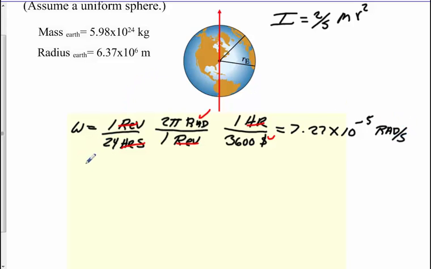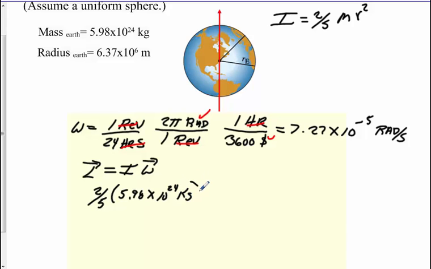I will go back now and just use L is equal to I times angular velocity. I put my moment of inertia as 2/5. Again, I get the mass of the Earth, 5.98 times 10 to the 24th kilograms, times a radius of 6.37 times 10 to the 6th meters. We will square that.